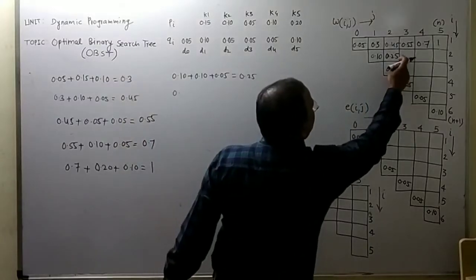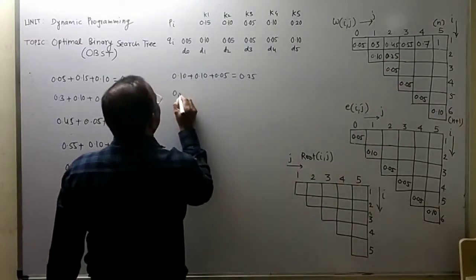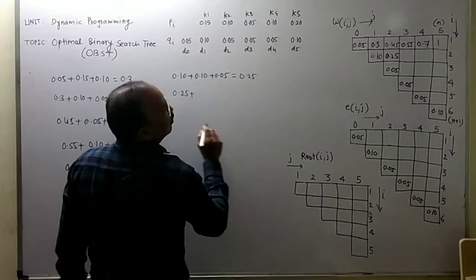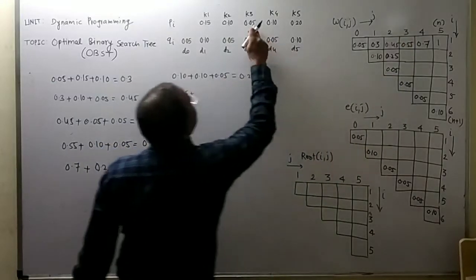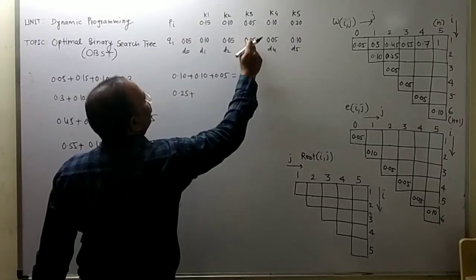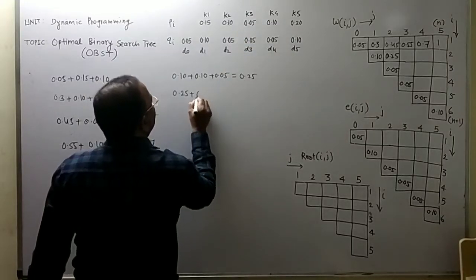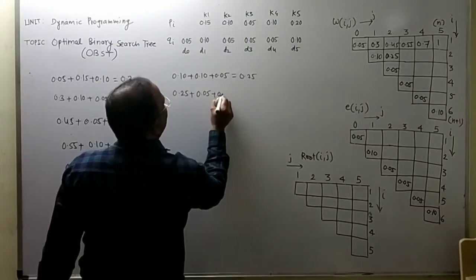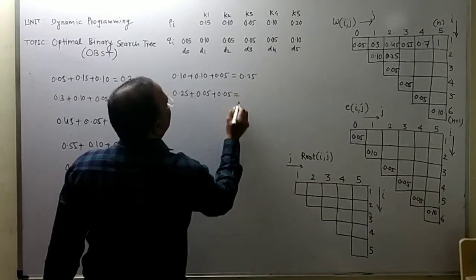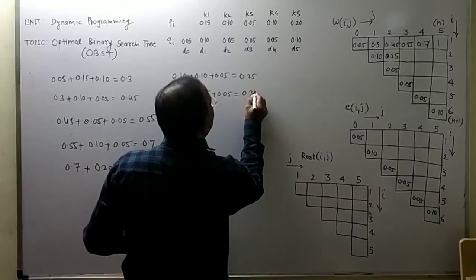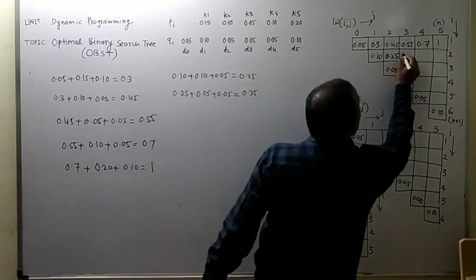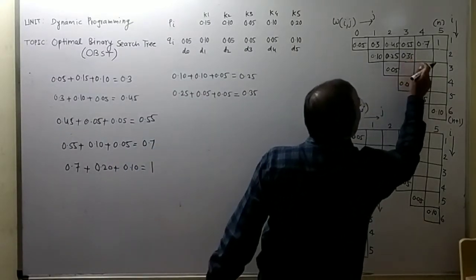For this cell, consider the previous value 0.25 plus the probability of K3 and D3, that is 0.05 plus 0.05, which is equal to 0.35.